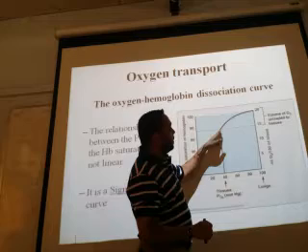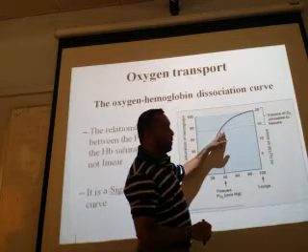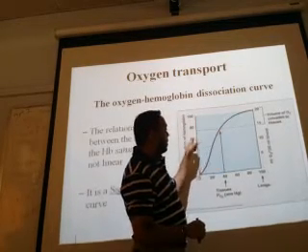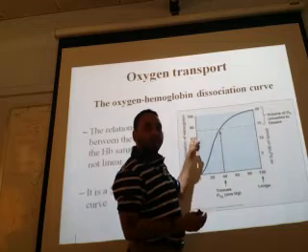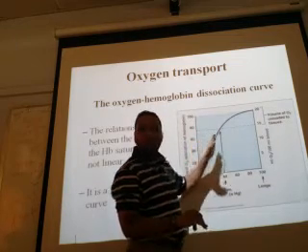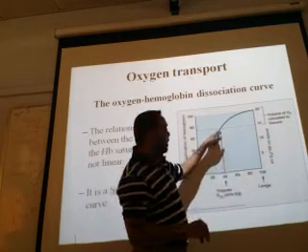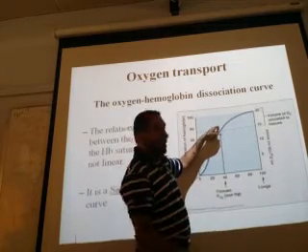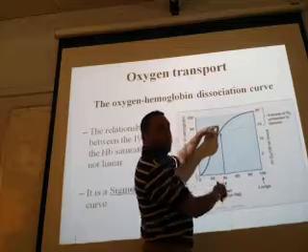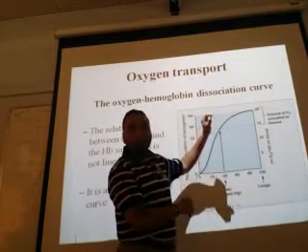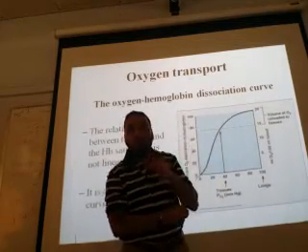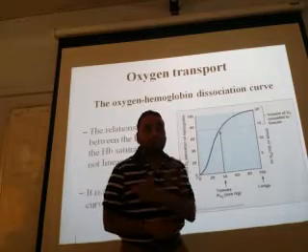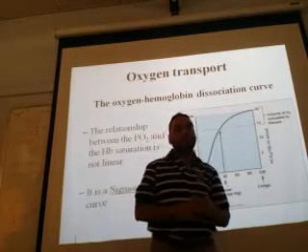If the curve is shifting to the right, the saturation will be less than 75%, less saturated. If it is shifting to the left, it is more saturated, almost 80 or 85% at the same partial pressure. My question is, at the tissue level, which is beneficial? Shift to the right or shift to the left? The saturation is... to the left.